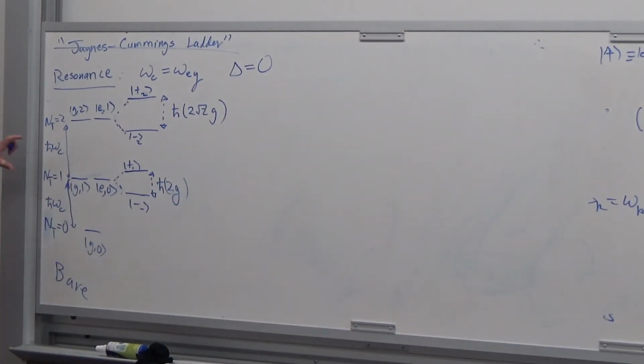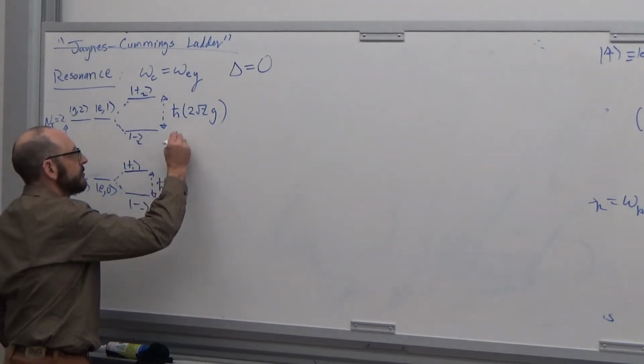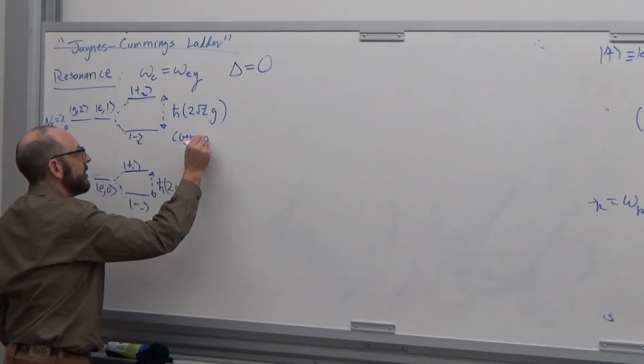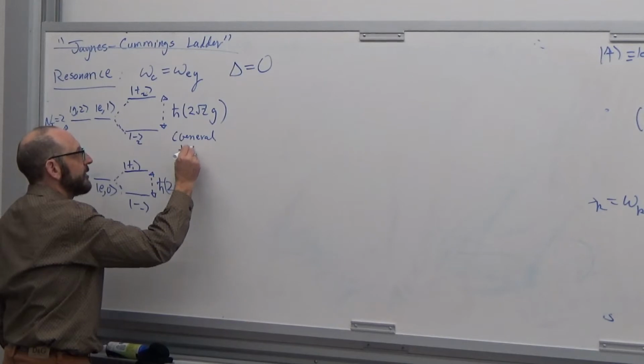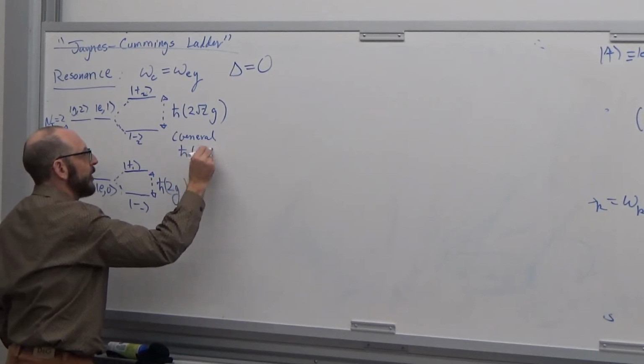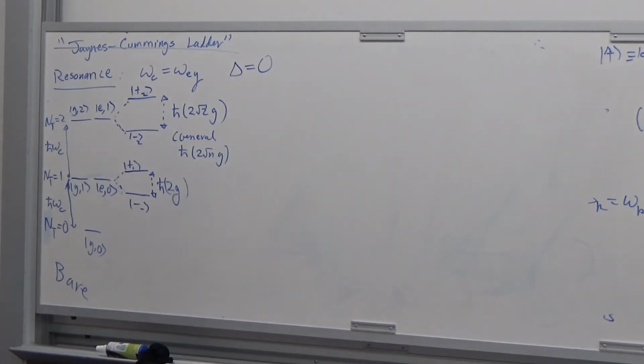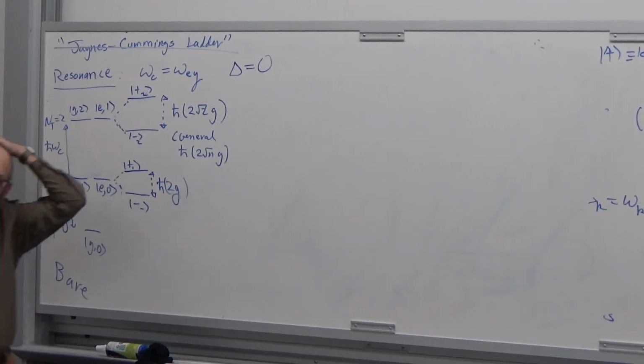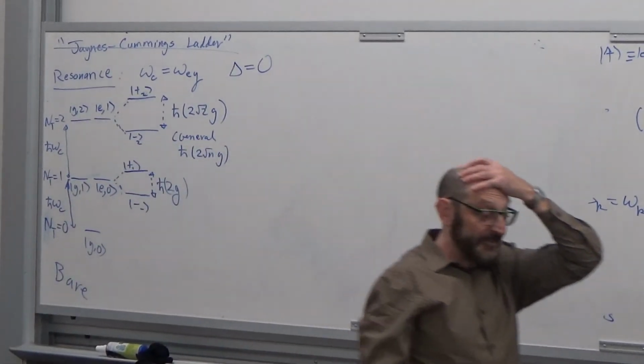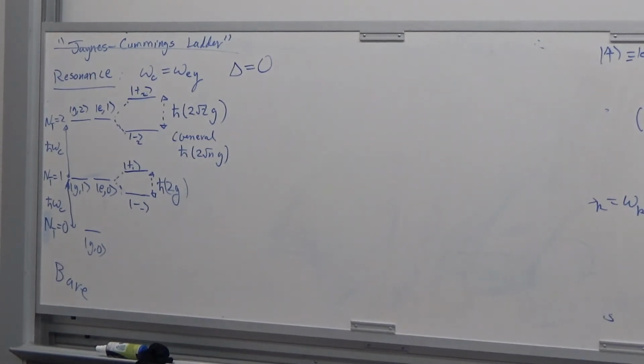And generally, the splitting would be h bar times 2 square root of n, square root of n times 2g. Right? So I'll have a different splitting. This is an anharmonic ladder. This is not a linear system because my two-level atom wasn't a harmonic oscillator.